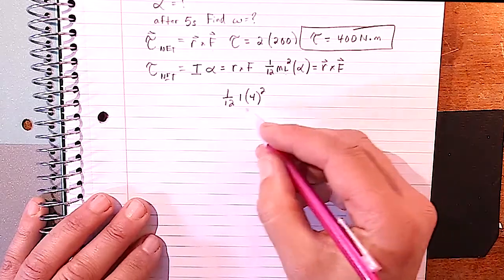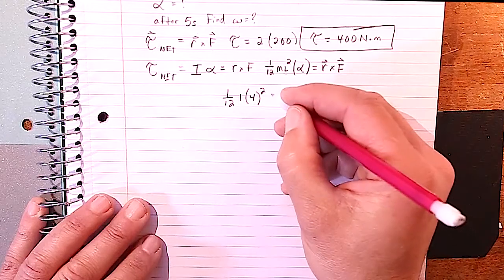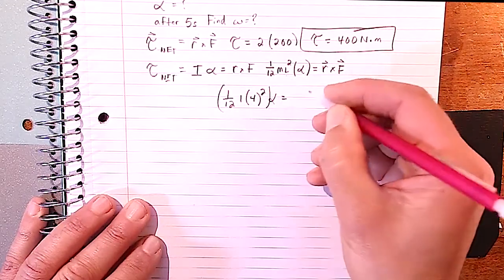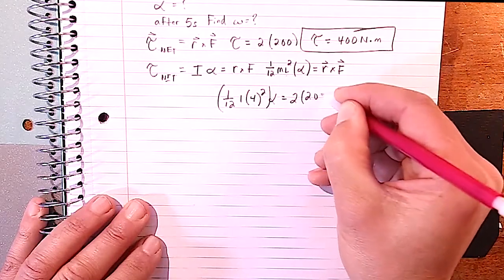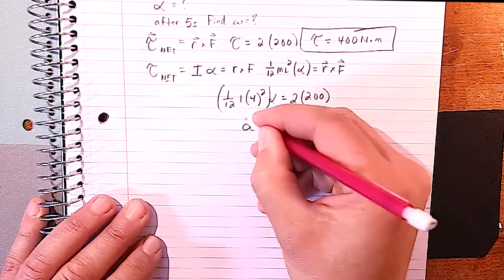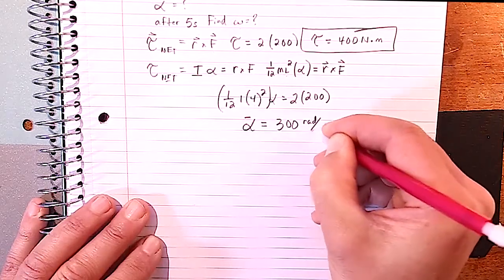Okay, so we have 1/12, 1 times 4 meters squared, all times alpha, is equal to our torque that we solved for before, which was our 2 times 200. And when you do the math on that, you get a constant acceleration of 300 radians per second squared.